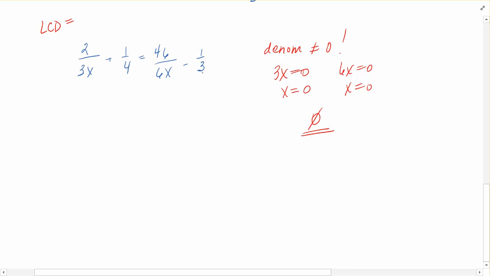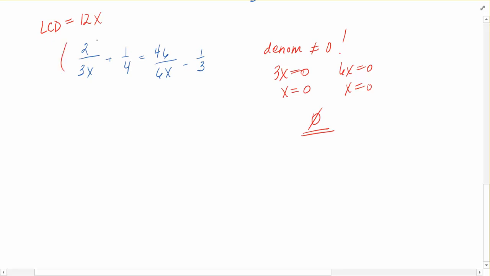I need to figure out what is the one number that all of these terms in the denominator are going to divide into, and it's never going to be smaller than any of the numbers you see there. So the numbers 3, 4, 6, and 3 are all going to divide evenly into the number 12, and then I also need to make sure that I clear the denominator of any x's. So that's the LCD that I'm going to multiply through.